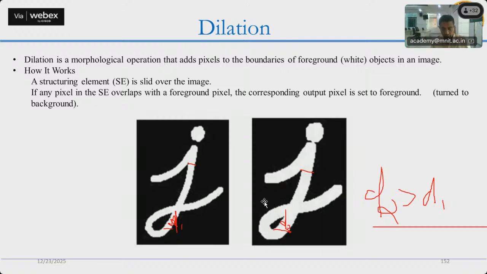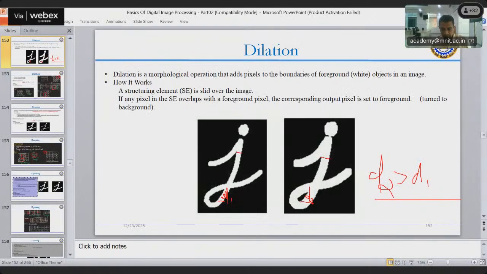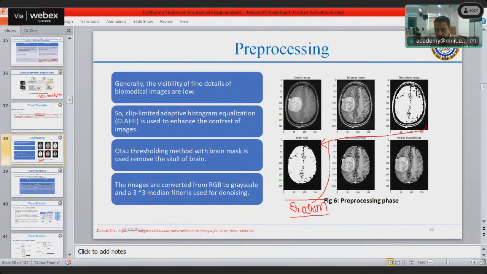So, are you able to see here? See, here when we have applied thresholding, our image has been divided into two regions actually. One is white, another is black.